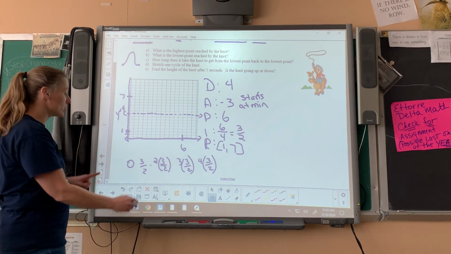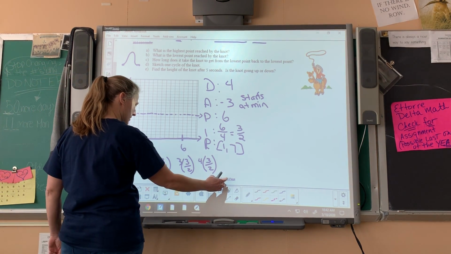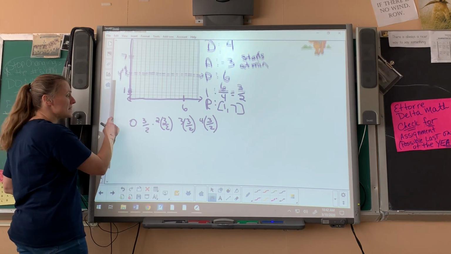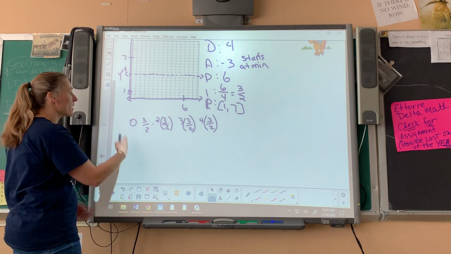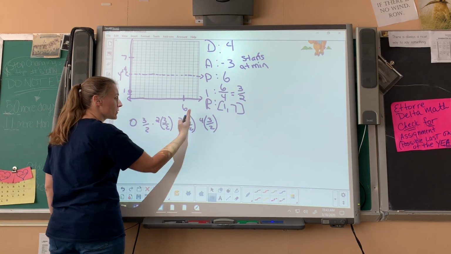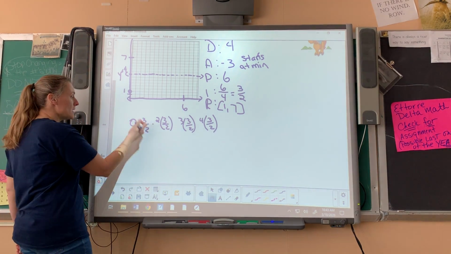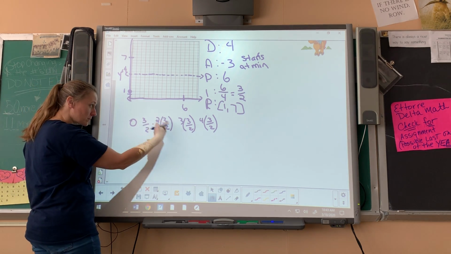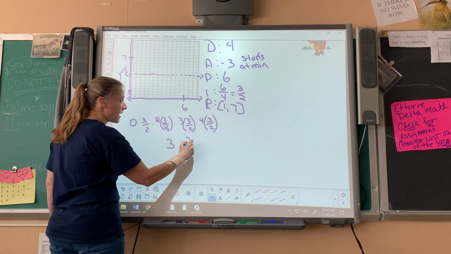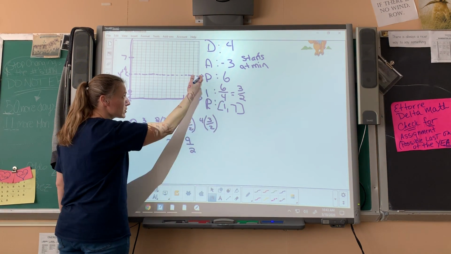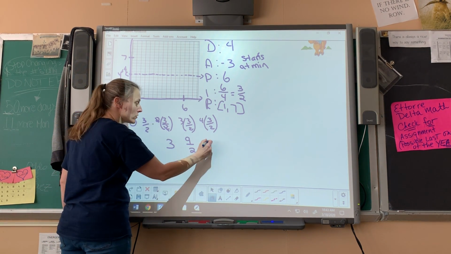Okay, so when you're actually doing this, this is how we actually count it out, because it's the same distance apart: 0, 1, 2, 3, and 4 3/2s. So these are pretty straightforward. This one would just be 3. This one would be 9/2, and this one, of course, we've already said this is 12/2, or 6.